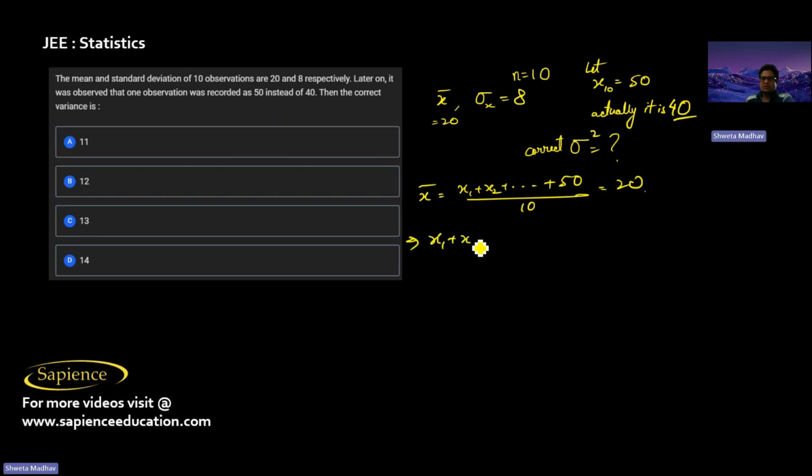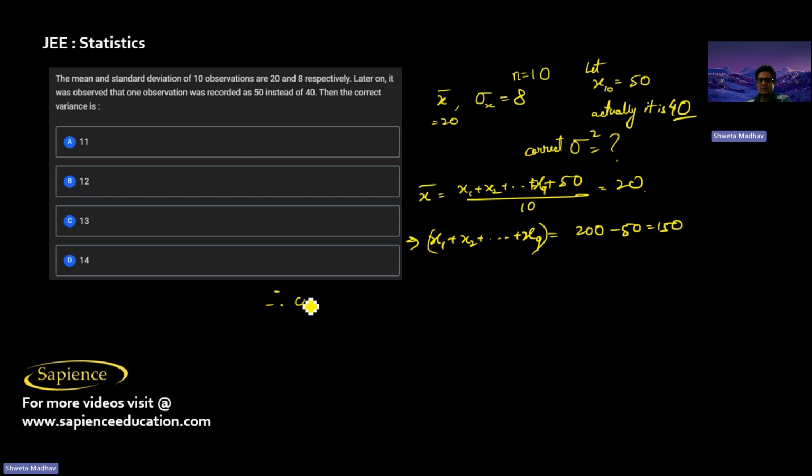So it means that x1 plus x2 till x9 will be equal to 200 minus 50, which is 150. So the sum of the first 9 observations is 150.